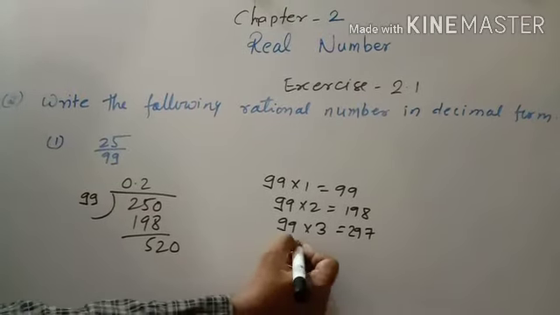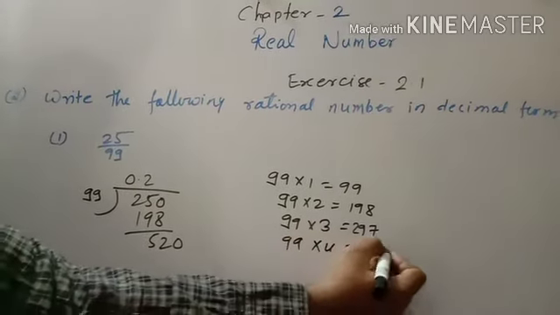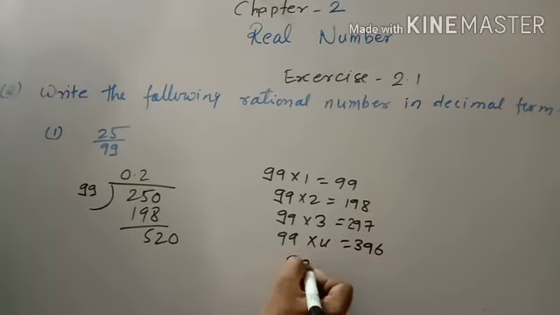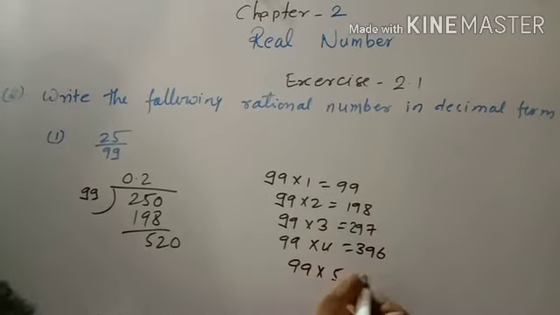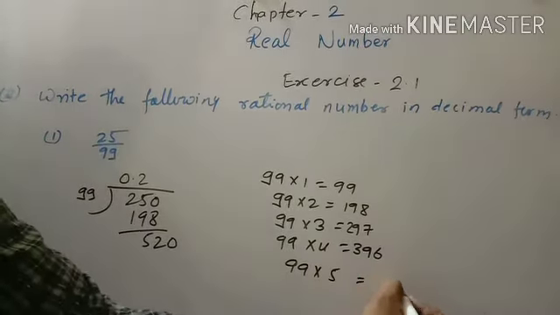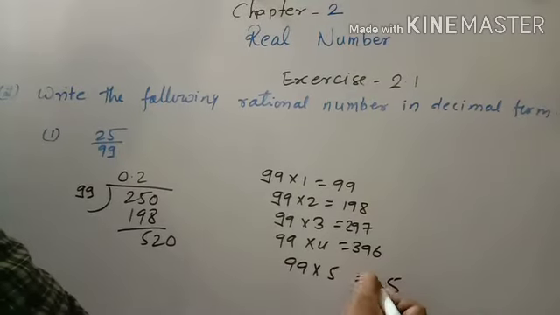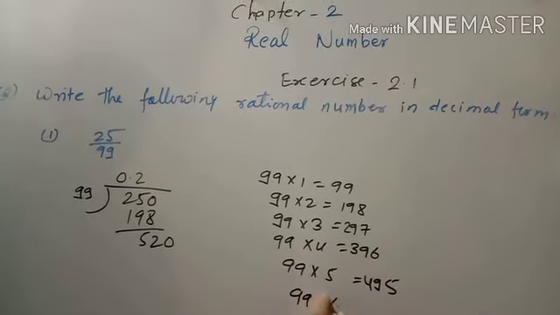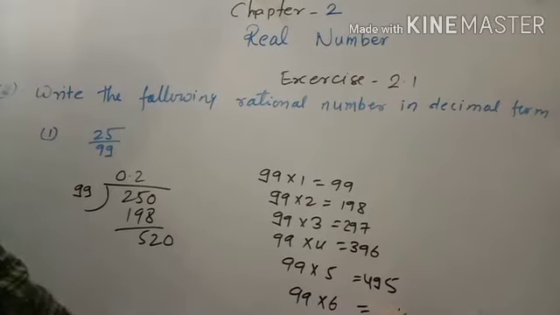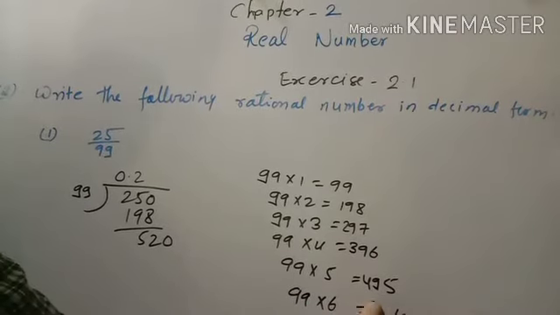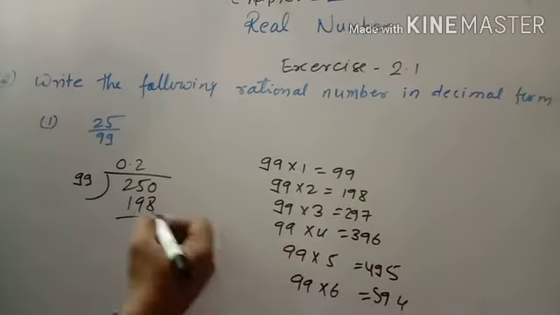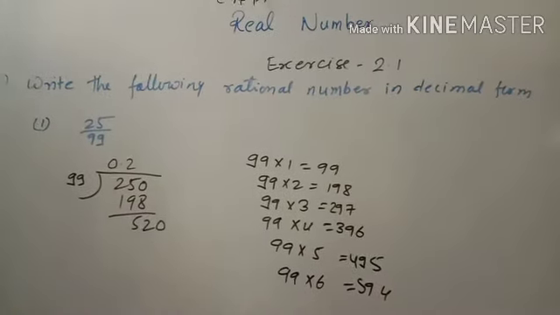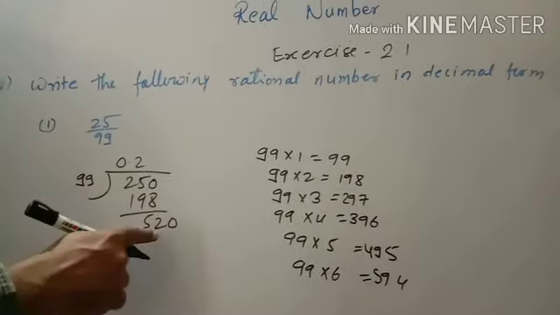520. Now 99 into 4, 4 9s are 36, 396. 99 into 5, 5 9s are 45, this is 495. Again 99 into 6, 6 9s are 54, 594, which is more than 520.